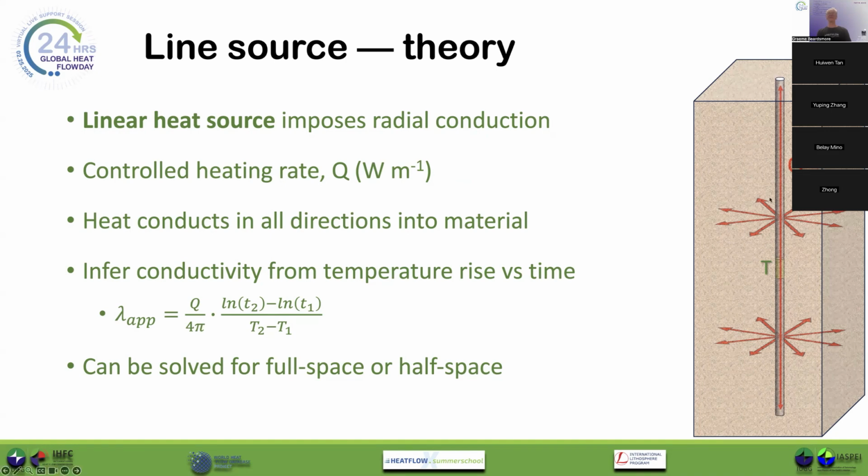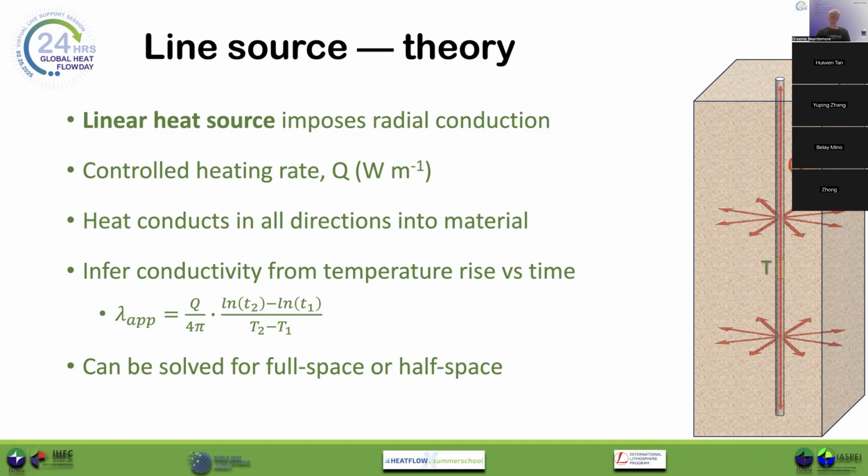So if our linear heat source is embedded within a needle and the needle is embedded into the sample, then the heat from that needle will radiate out in all directions around the needle. So then we must infer the thermal conductivity of the material, and we do that by measuring the rate at which the temperature increases at some sensor point that's embedded in the needle itself.